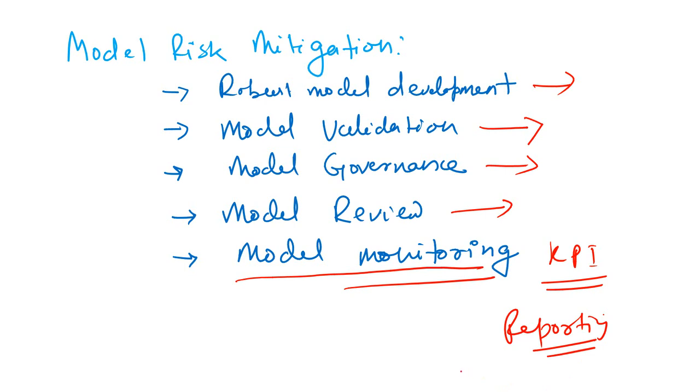Every time we see some sort of an issue through these KPIs, it should be escalated to the senior management to ensure that no wrong information or wrong decision is taken based on the model which is being used.